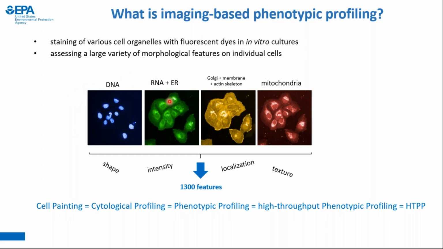And we stain the nucleus, the nucleoli, the endoplasmic reticulum, the Golgi, the membrane, the actin skeleton, and the mitochondria. And then we image the plates, and we derive a lot of different features, such as the shape of the organelles, the intensity of the label, the localization, or the texture. In our version of the assay, we derive 1,300 features, and we call our version of the assay high-throughput phenotypic profiling, or HTPP.